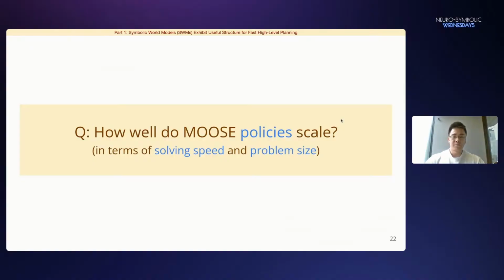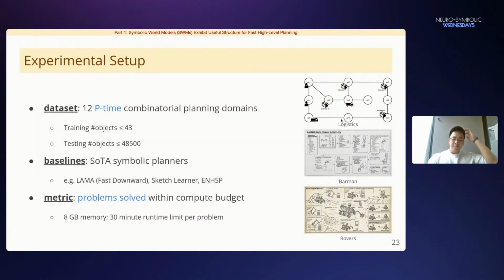And moving on to experiments, we want to answer the question of how well our approach scales. By scaling, we mean in terms of solving speed and solving problem size. With the experimental setup, we look at 12 different combinatorial polynomial time to solve planning domains, consisting of training and testing splits.